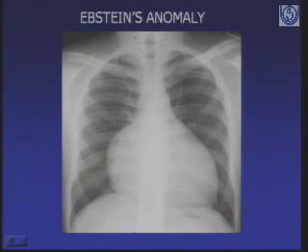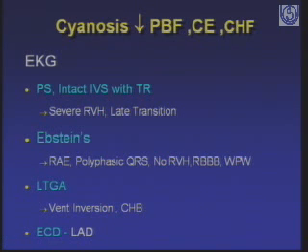So we have to differentiate these two things, one which is treatable and one where we have not very good surgical options. In both conditions there is tricuspid regurgitation. In Epstein's anomaly, due to the malformed tricuspid valve leaflets, there is tricuspid regurgitation, but it is a low pressure TR, because the right ventricle is hypoplastic and not generating adequate pressure.